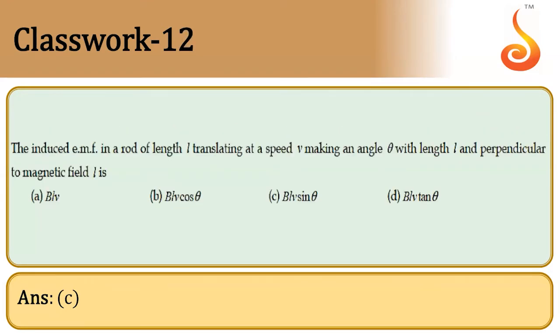Induced EMF in a rod of length L translating at a speed V, making an angle theta with the length perpendicular to the magnetic field. So now, what is the induced EMF? BVL sin theta. There is a magnetic field like this. They have a rod like this, and it makes an angle theta.